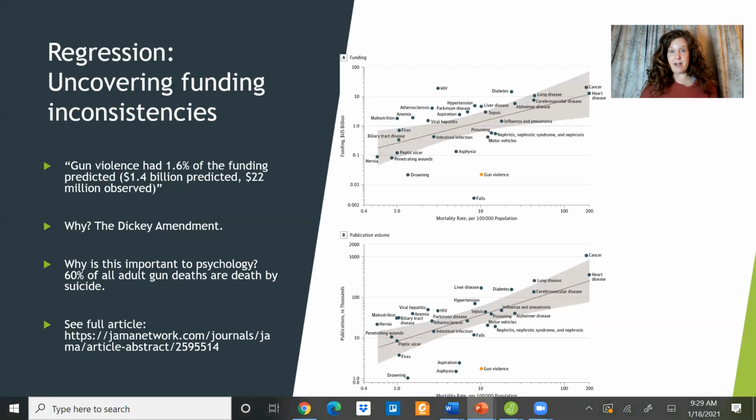So how can we use regression? We can use regression to look for patterns, like uncovering funding inconsistencies for gun violence research. And this is of particular interest to psychologists because of the trauma and the psychological services needed in the wake of gun violence. Also, with older adults, if you just look at people over the age of 18, 50% of gun deaths are suicide.